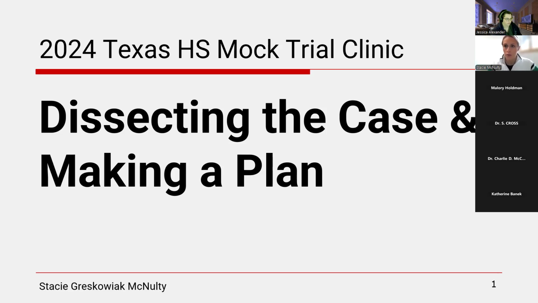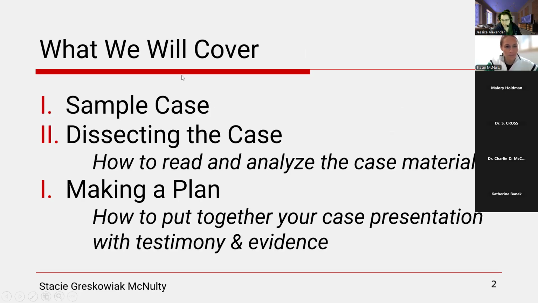We're going to talk now about how you review your materials and then make a plan for how to present your case, because that's where you need to start. If there are some examples that don't apply, we will ignore those, but we can also come up with some Goldilocks ones on the fly since we all know the story. So: sample case, dissecting the case, how to read and analyze, and then make a plan, how to put together your case.